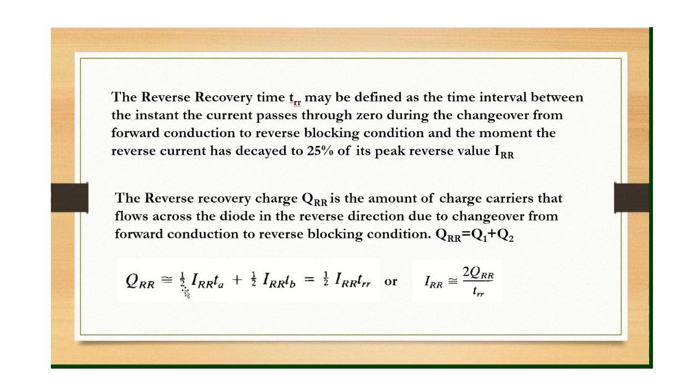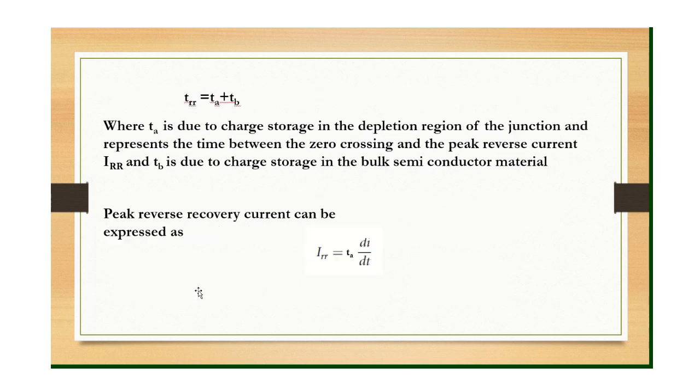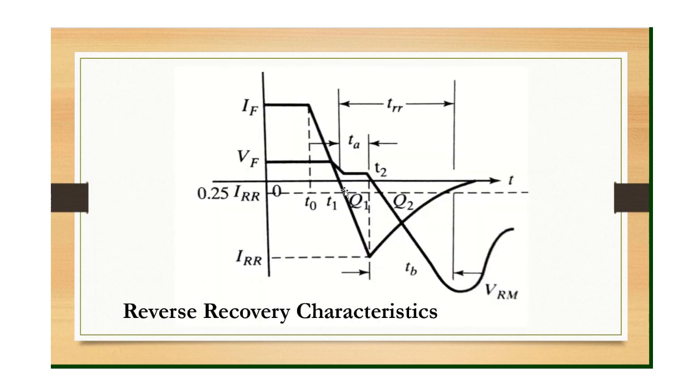So it will be half into base into height. Half into base TA and height IRR. If you go back, TA is your base and this height will be your IRR. Similarly, for the second triangle Q2, half into base into height. Base is your TB and height is IRR.